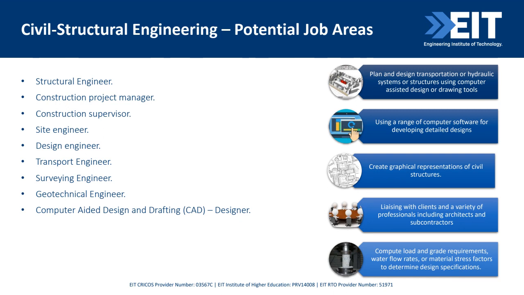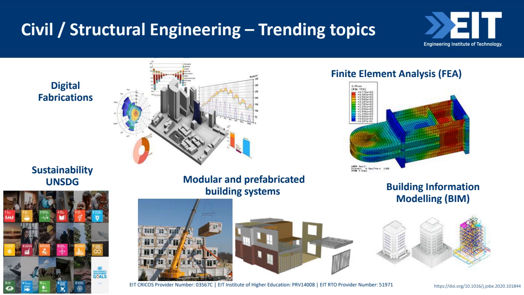And a little bit more on the new trends in civil and structural engineering, which we are also covering in one way or another. As I mentioned already, the modern construction industry is facing lots of different challenges at the moment.